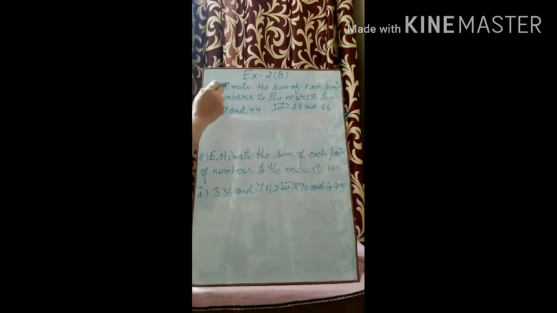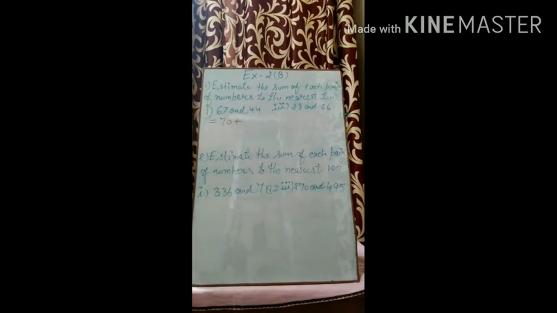Question number 1. Estimate the sum of each pair of numbers to the nearest 10. In this, first of all, we will round off each number, then we will add. 67 is rounded up to 70.